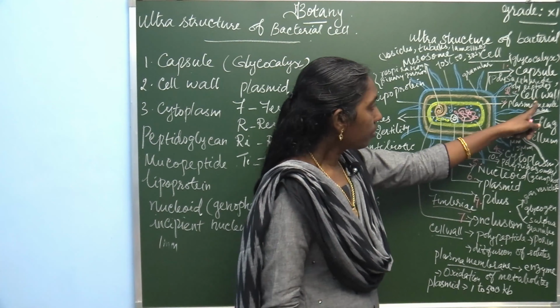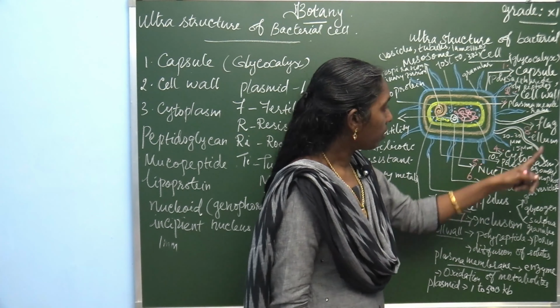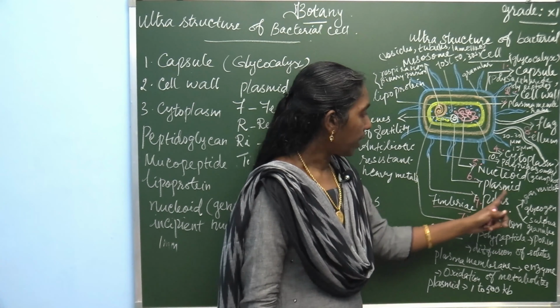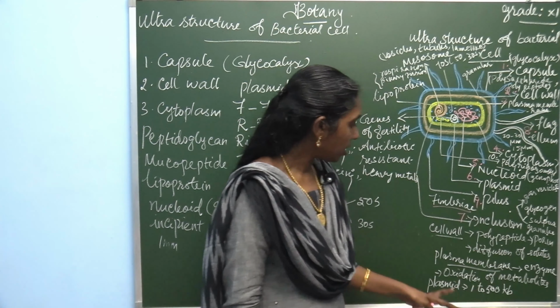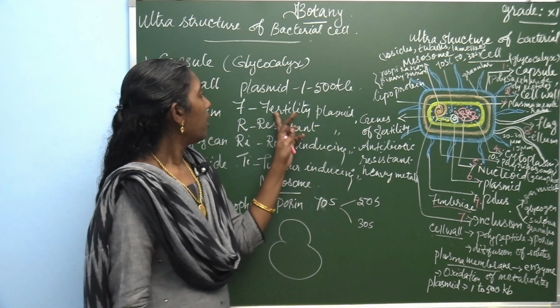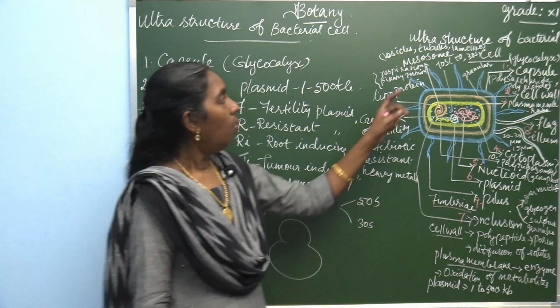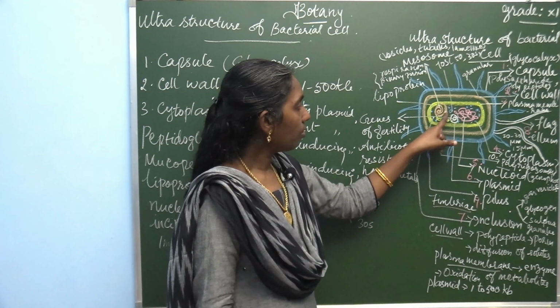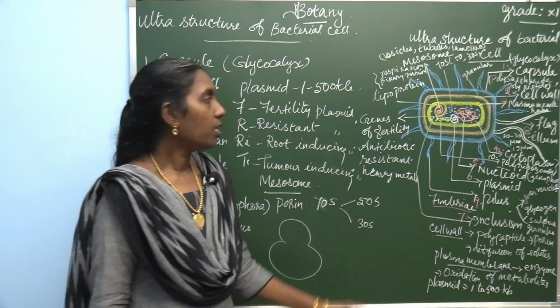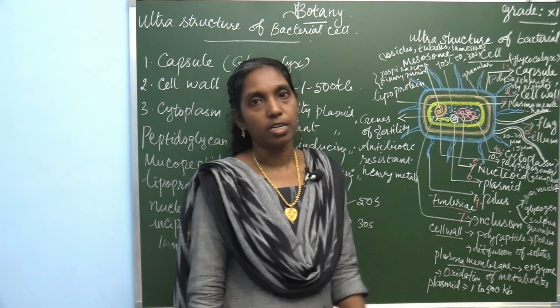Capsule, cell wall, plasma membrane, cytoplasm, nucleoid, plasmid, pilus, inclusions, mesosome, genetic material. Learn this question and draw this diagram before the next class. Thank you.